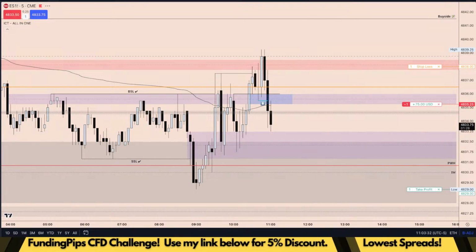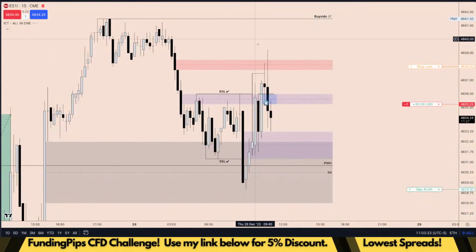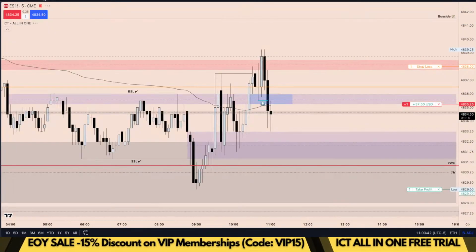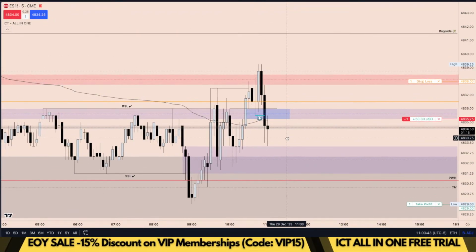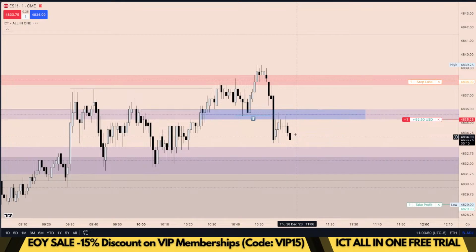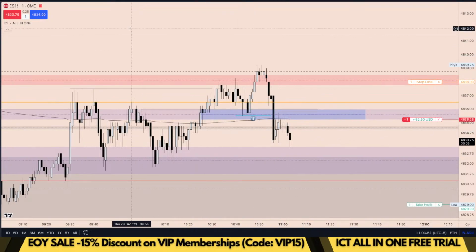Let's take a look at the 15. 15, 1 hour. I will simply stick to the 5, just because I like the 5-minute time frame so much. And in 1 minute it's even clearer.